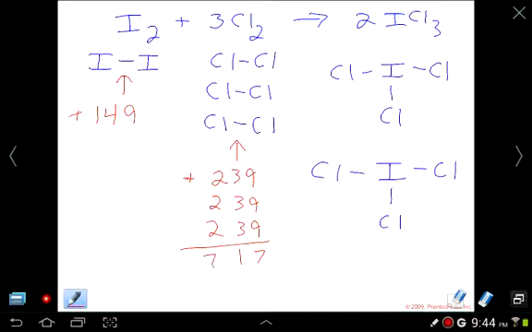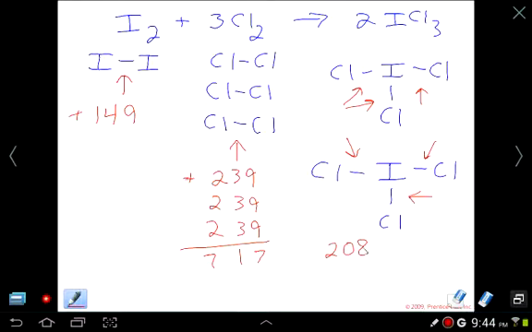And then we are making, let's count them, 1, 2, 3, 4, 5, 6 ICl bonds. From the previous slide, ICl has a bond enthalpy of 208.